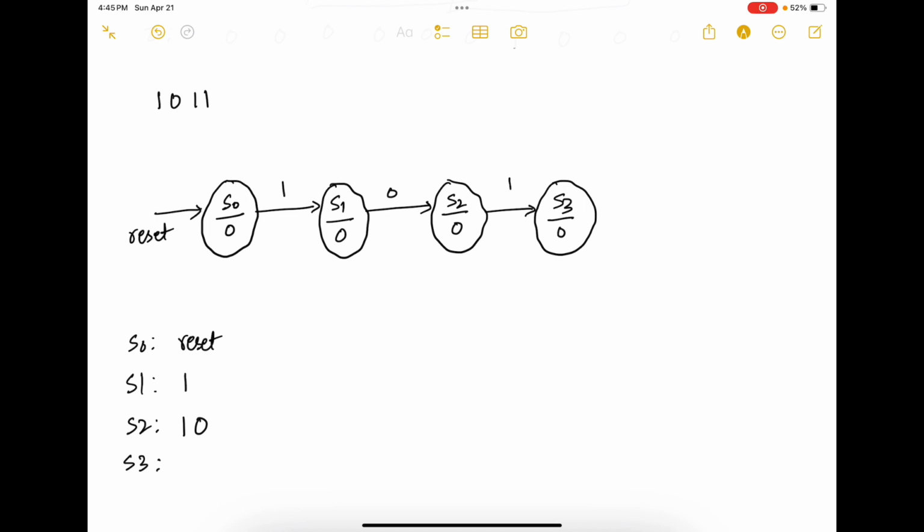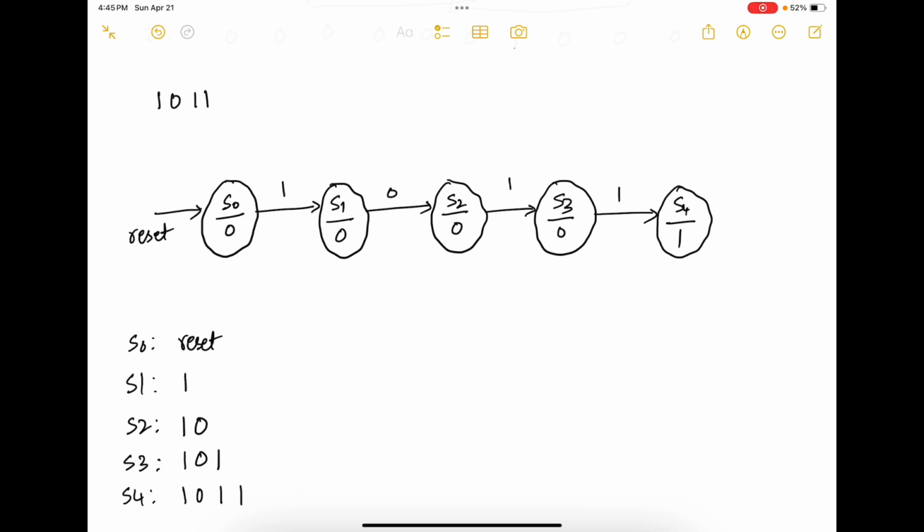S3 is a state which can be reached from the reset state by having the bit pattern 101. And finally, from S3, if you get another 1, you go to state S4 and your output is now a 1 because you have detected the sequence. Therefore, S4 is a state which can be reached by having the input pattern 1011 from the reset state.